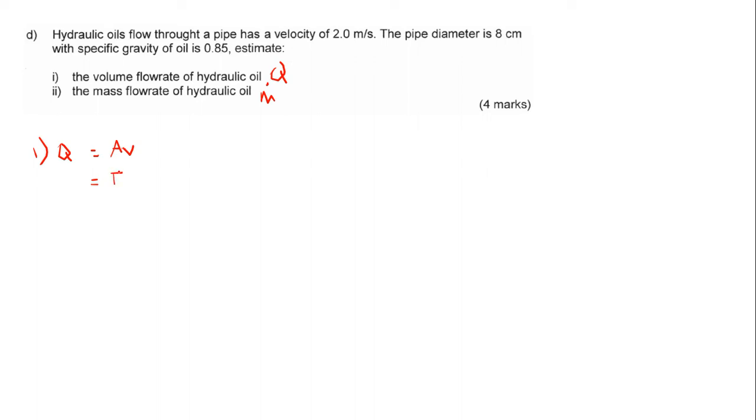Pi times 0.04 square. They give you the diameter here, 8, so the radius is 0.04. Times V. What's the V? It is 2.